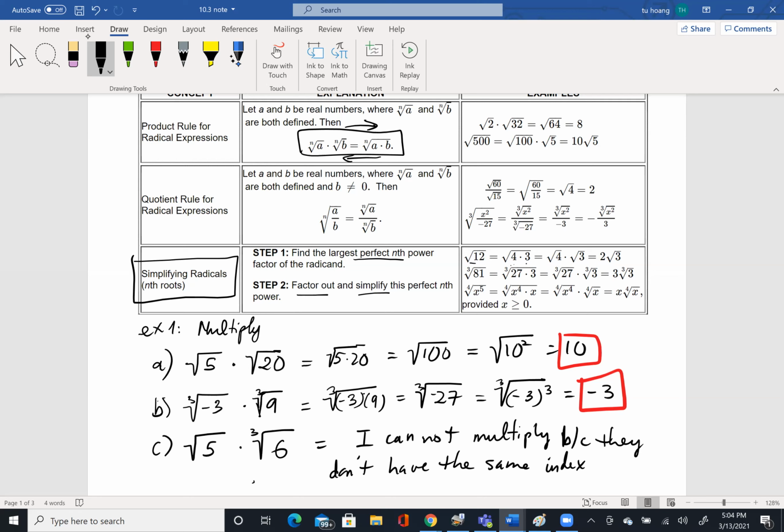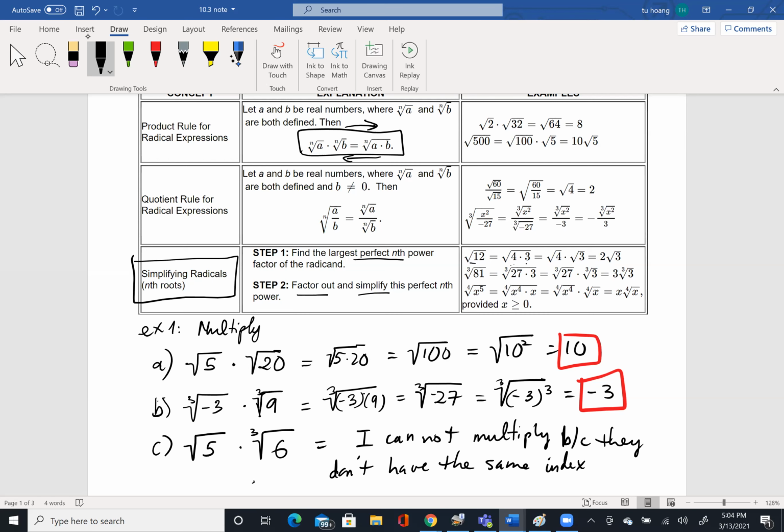Similarly, for the cube root of 81, you can rewrite it as cube root of 27 multiplied by 3, and then apply the product rule. It's going to be cube root of 27 multiplied by cube root of 3, and it's equal to 3 times cube root of 3. Okay.